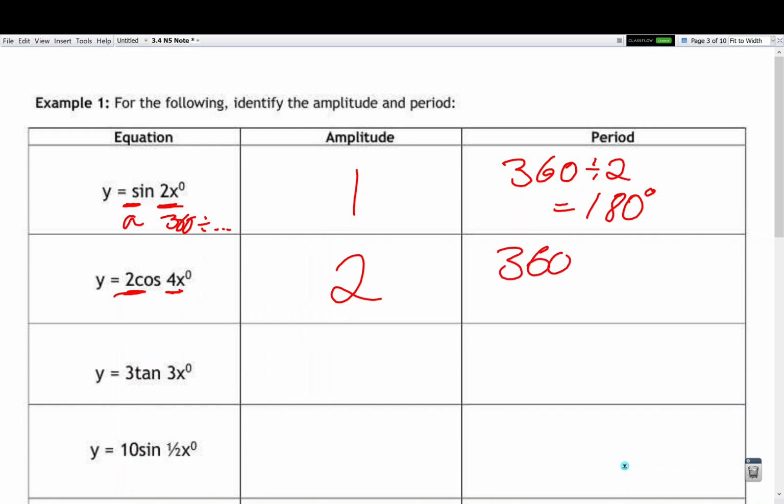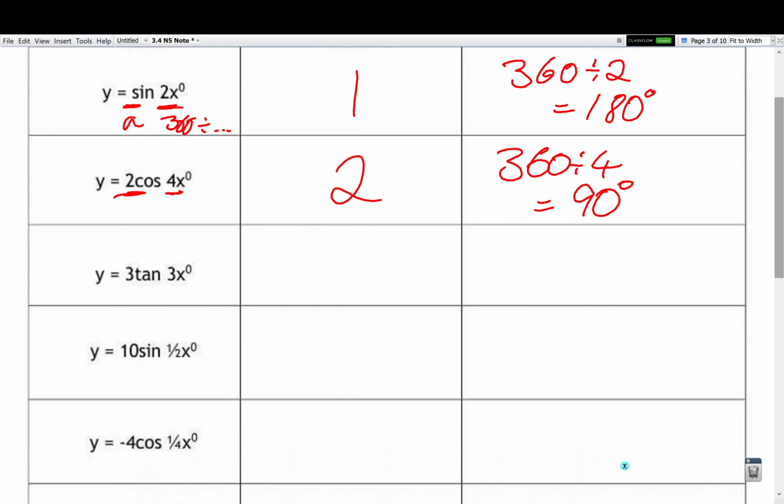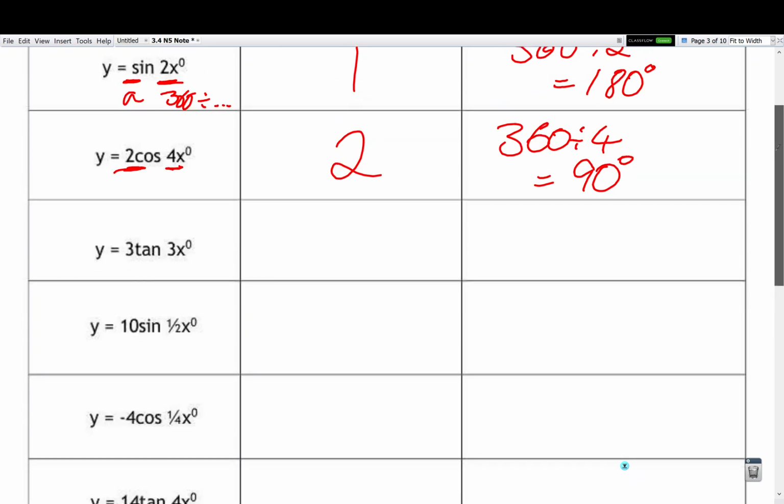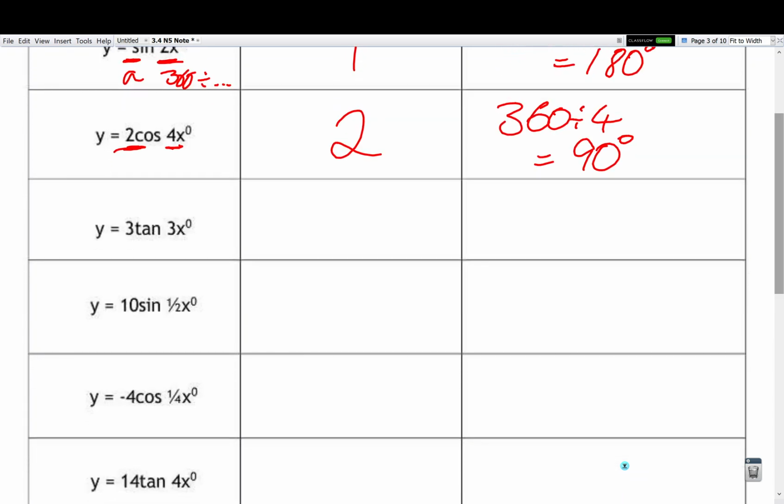So 360 divided by 4 means that graph will repeat itself every 90 degrees this time. We should be able to do the same for the rest of these yourself. So whatever number's in front of the trig function is your amplitude, and it's 360 divided by the number in front of x that's going to be your period.